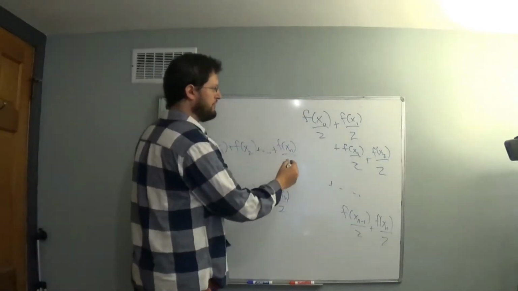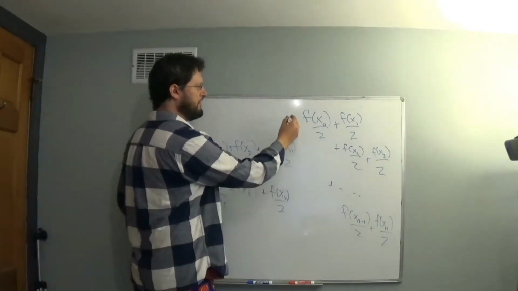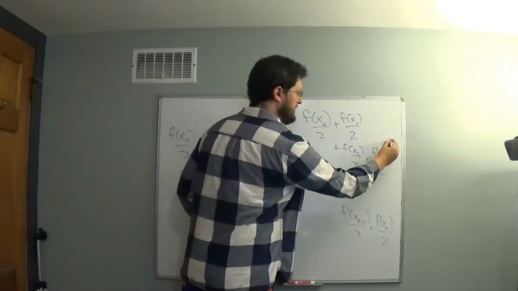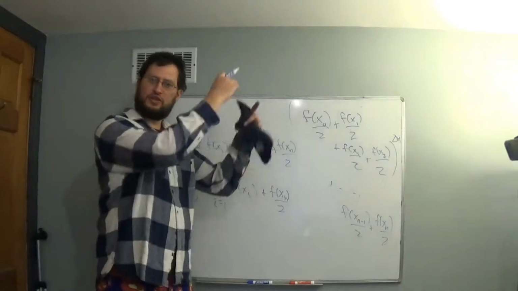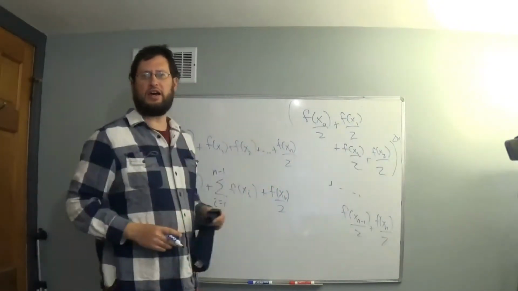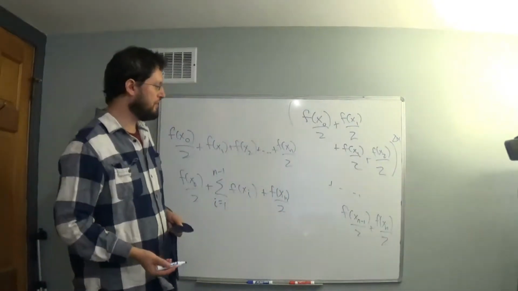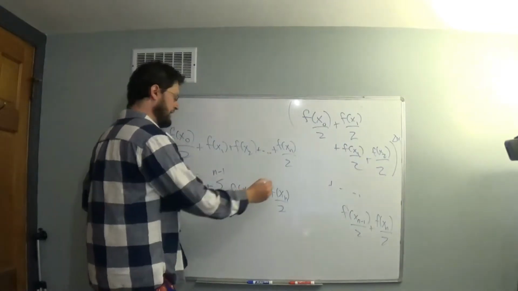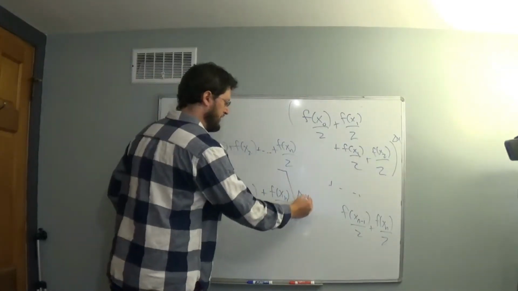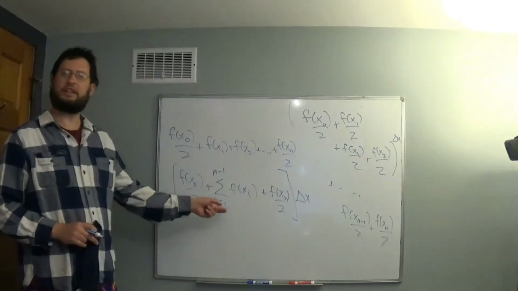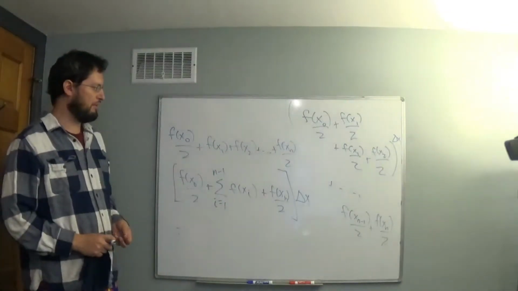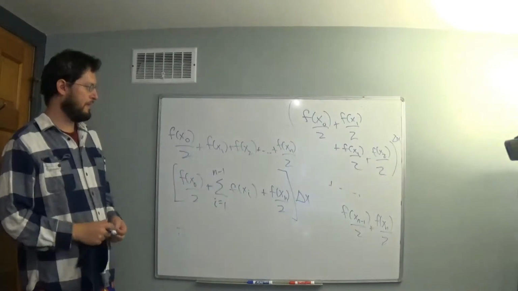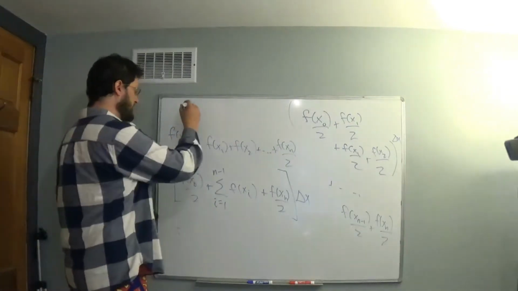And I failed to put this in my formulas here, but we also had a delta x here, remember, at the very end, because it's the function value. The delta x is the height of the trapezoid. So each of these have a delta x, so at the end we also have a delta x. And this is actually the easiest formula to work with when actually working on the problems. And so let me save that up here on the top.